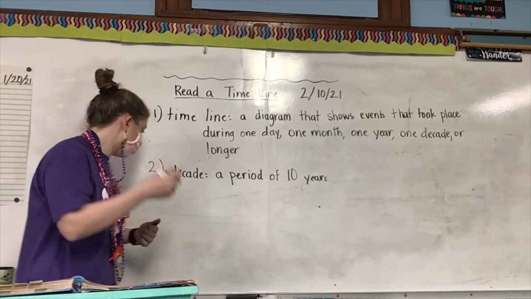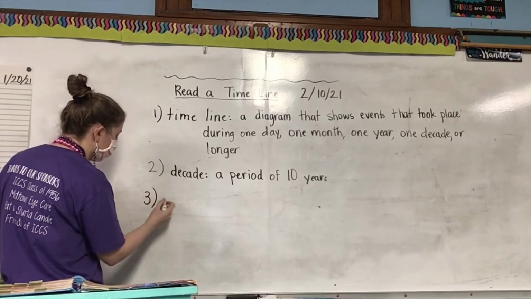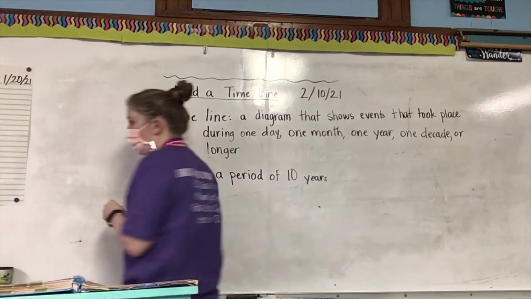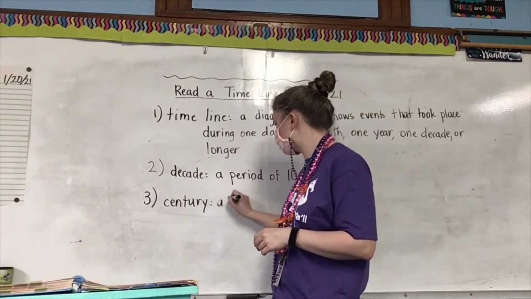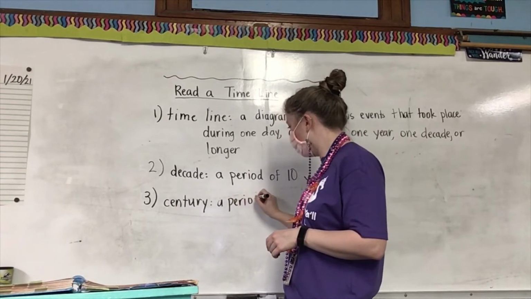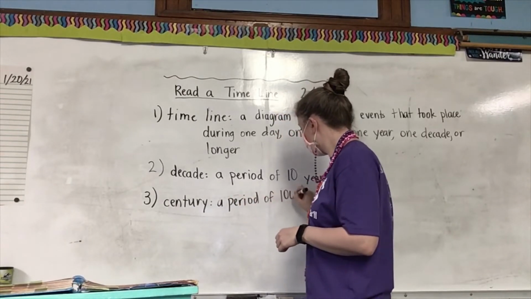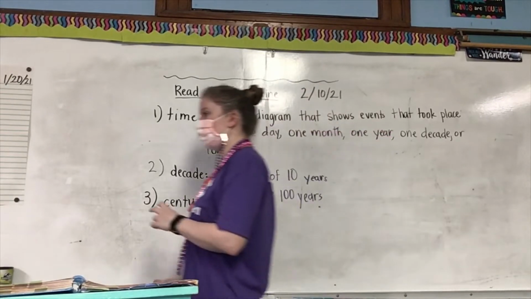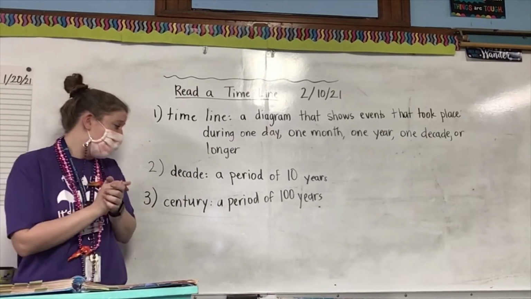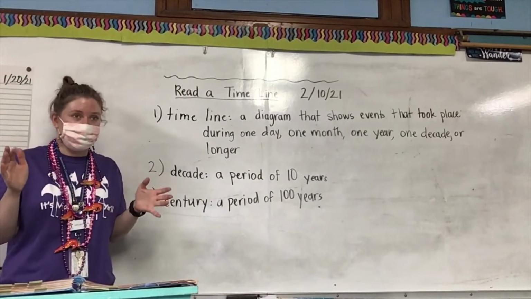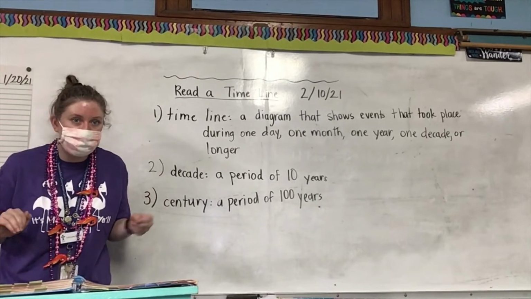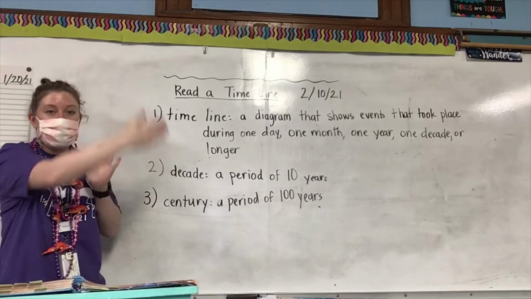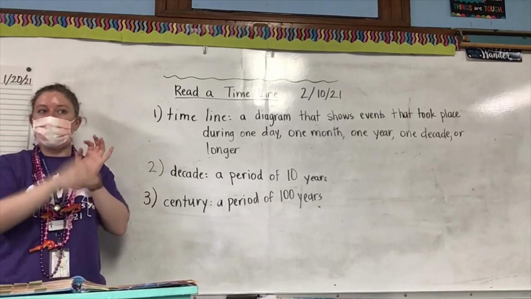What's our next word, Aaron? Century. And what is a century? A period of 100 years. So a decade only includes 10 years, like the 90s. The 1990s was a decade. The century includes 100 years. So when we say the 1900s, we mean from the year 1900 to 1999.